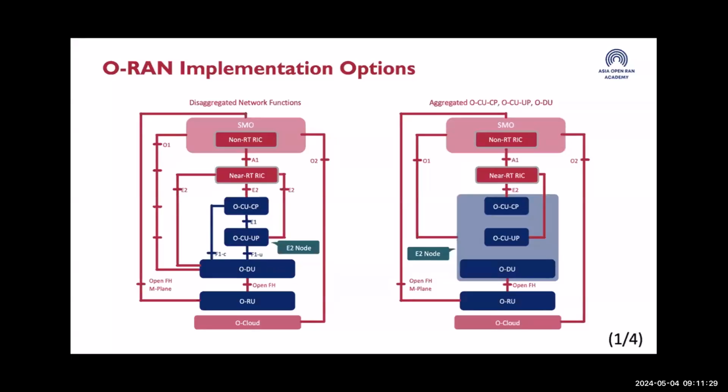It depends on the applications or use case where you want to apply this kind of implementation. What you can see on the cell site premises is the O-RU only, and the rest could be in a central location. The near real-time RIC is separated from the SMO as well. So these are the different types of O-RAN implementation.